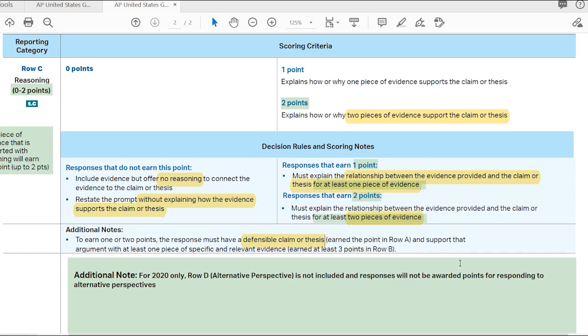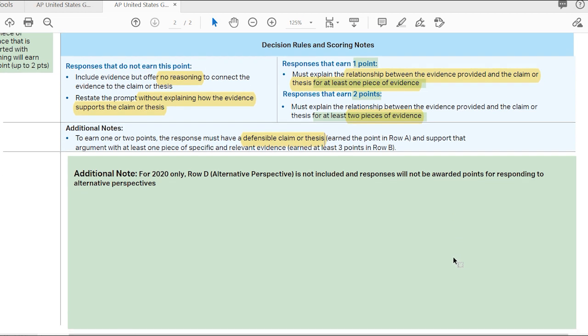Also note, and I think I mentioned this already, the alternative perspective is not part of the picture in this particular administration. I think they're concerned about time, and with 2 questions, one of them being an argumentative essay, they probably thought it was just too much.